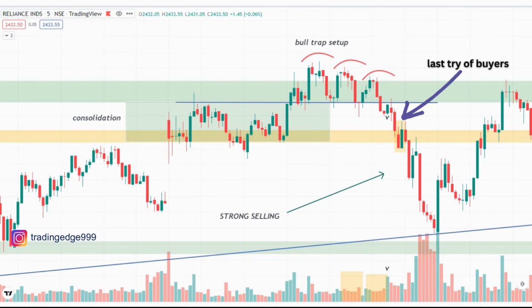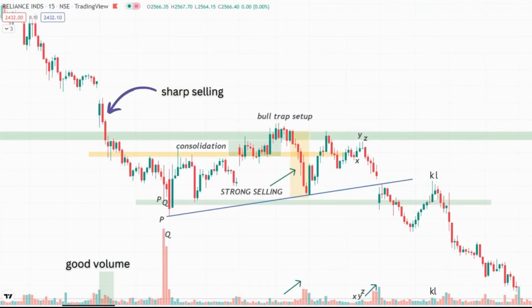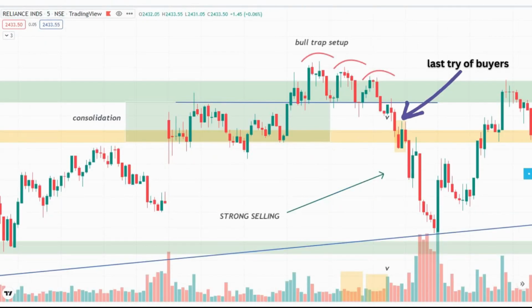So at this point, see, that is here. Okay, what is happening? After the breakout, prices are continuously forming lower high formations and continuously testing the support zones.